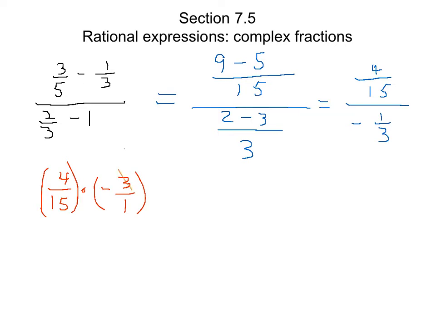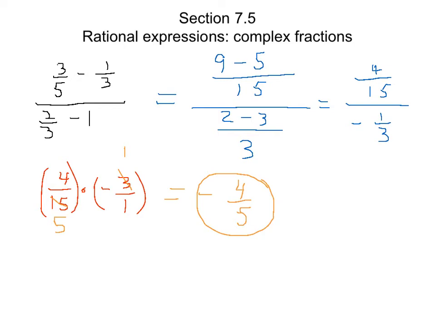The 3 and the 15. And so what we get is minus 4/5. Okay, so that's how we simplify a complex fraction with rational numbers, and we do exactly the same type of idea when we have a complex fraction involving rational expressions.